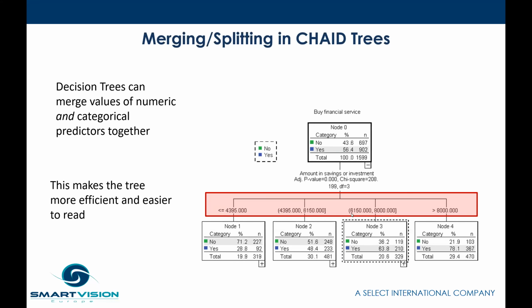From 6,100 to 8,000, it jumps again by just under 20%, to 63%. And if you get above 8,000, it jumps again to 78%. So it's showing us the thresholds where this outcome is affected, and in quite a pleasing way: each threshold goes up, and this value goes up.